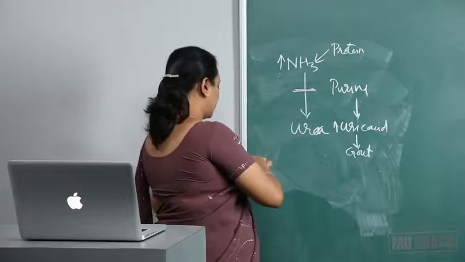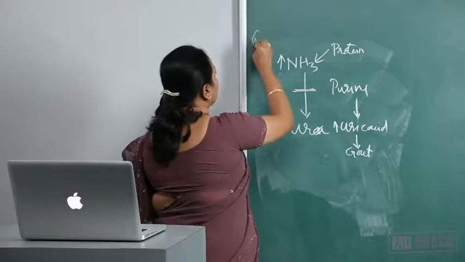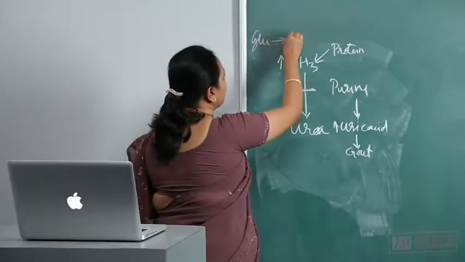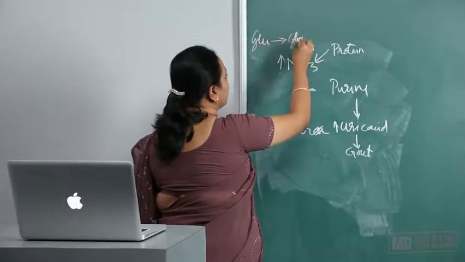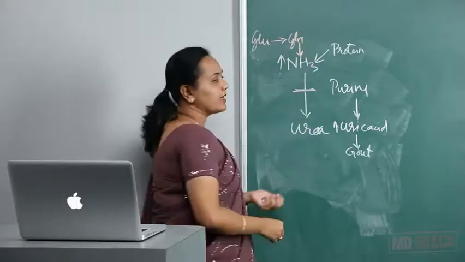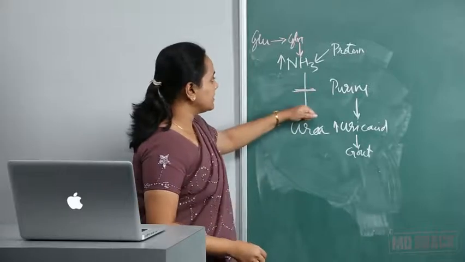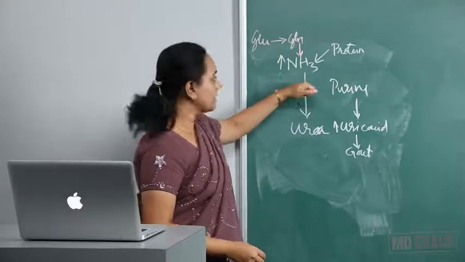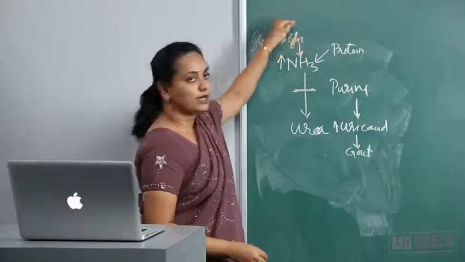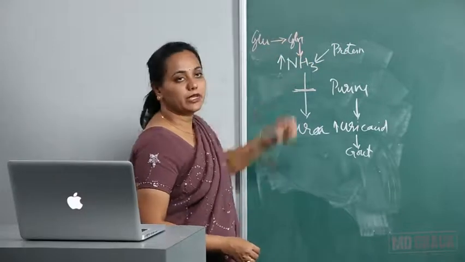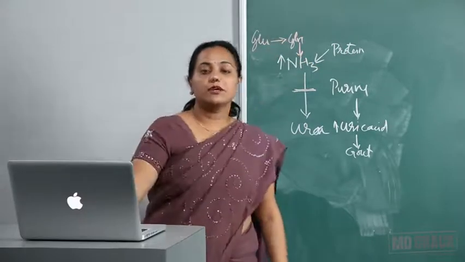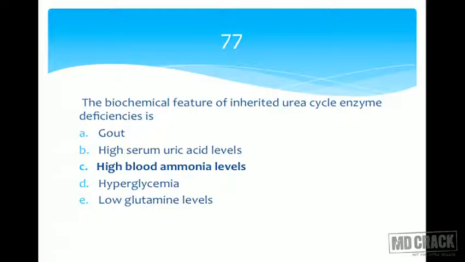So when this is blocked, it will lead to increased ammonia and at the same time increased glutamine also. So it cannot be associated with low glutamine levels, rather with high glutamine levels. So this is the urea cycle.